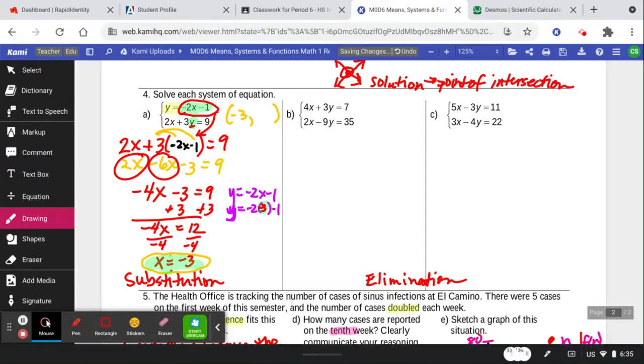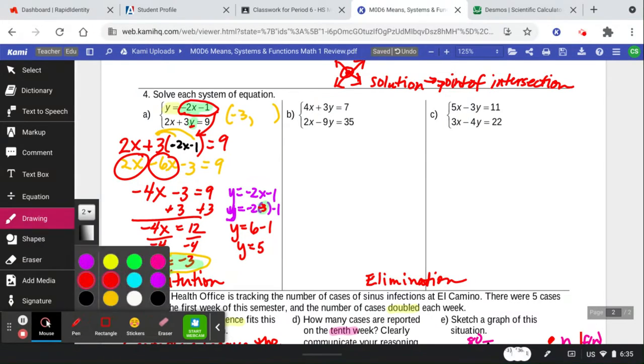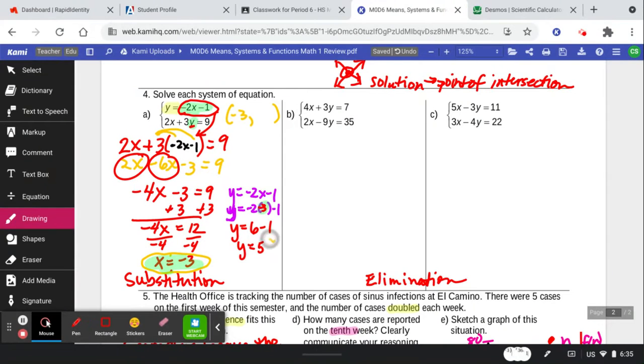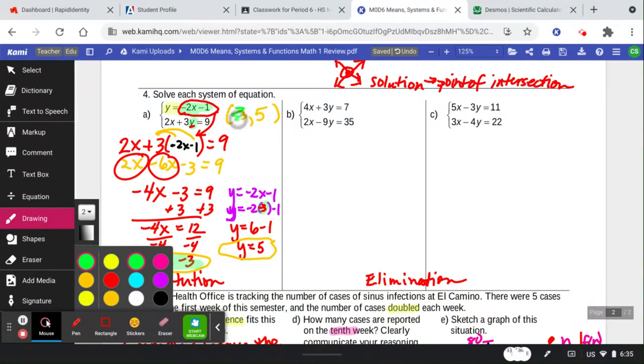Okay, plugging in that negative 3, we now continue solving. We get negative 2 times negative 3 is 6. 6 minus 1 gives us 5. So now I have my 2-part answer. Negative 3 for x came from us solving this first part. Let's get that highlighter out right here.